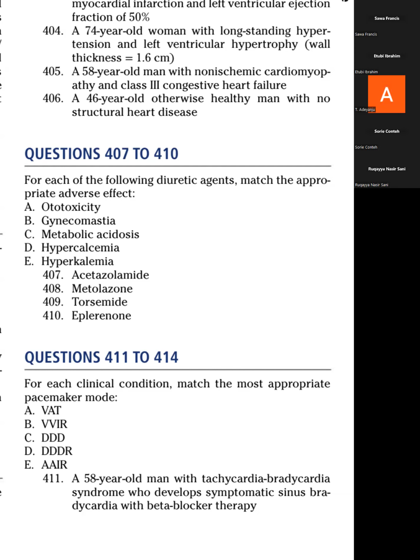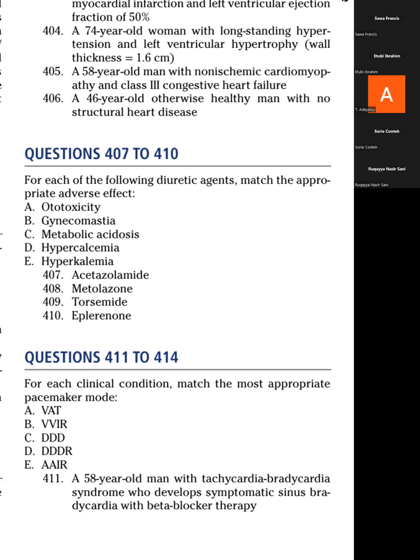And once every connection in the SA node is intact, and the patient has not undergone any heart transplant, all the normal physiological response of the SA node will be functional.